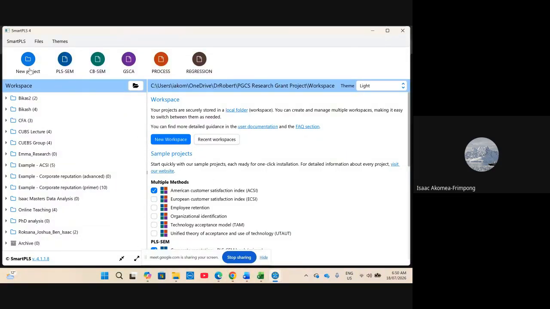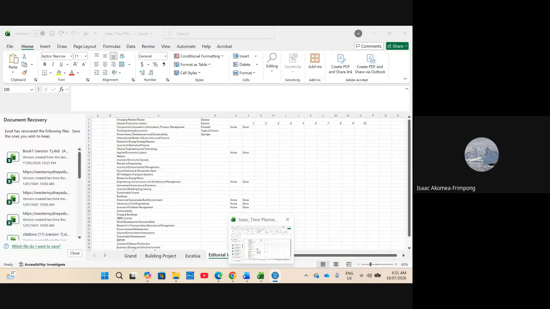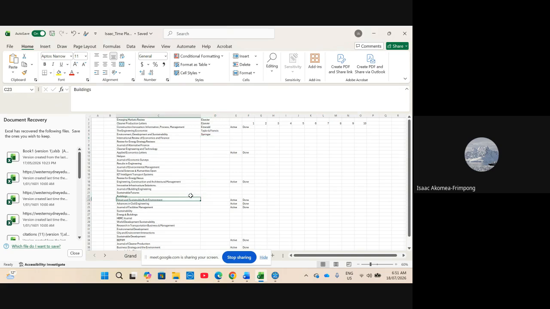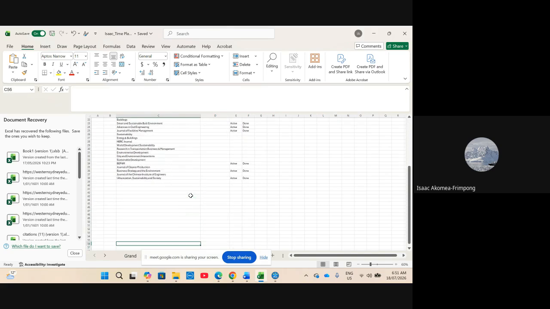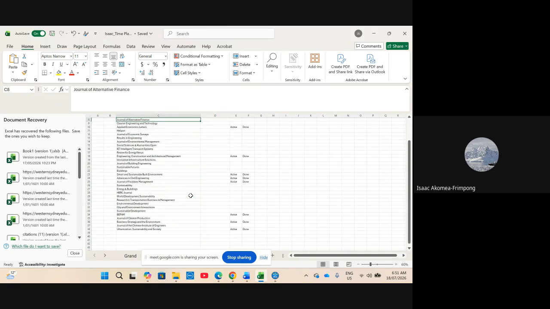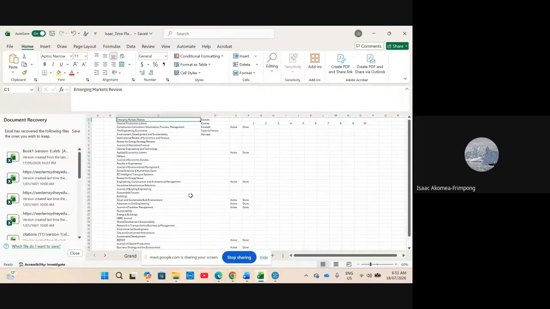Once you download that, now you convert the data if they are in a form, if they are textual. And when I say textual, I'm talking about in terms of strongly disagree to strongly agree.